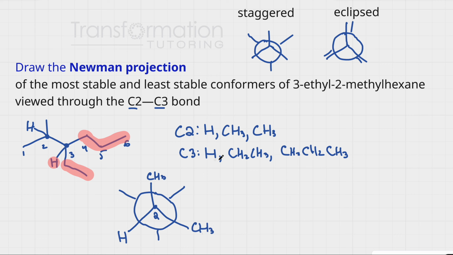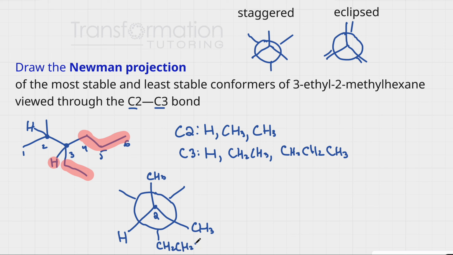The carbon behind it is attached to these 2 groups. For the most stable conformation, we want our biggest groups to be as far from each other as possible. So my biggest group is propyl, CH2, CH2, CH3, and it wants to be as far away from one of these methyl groups as possible. So we can, for example, put it here.